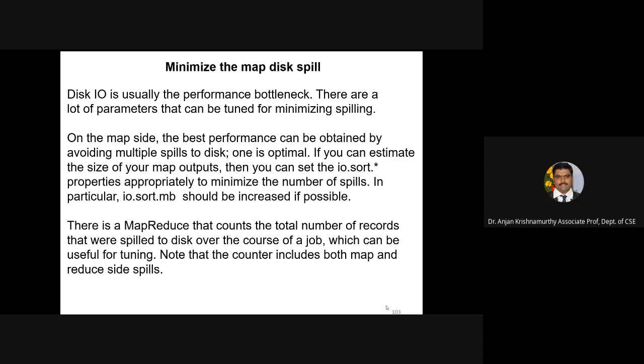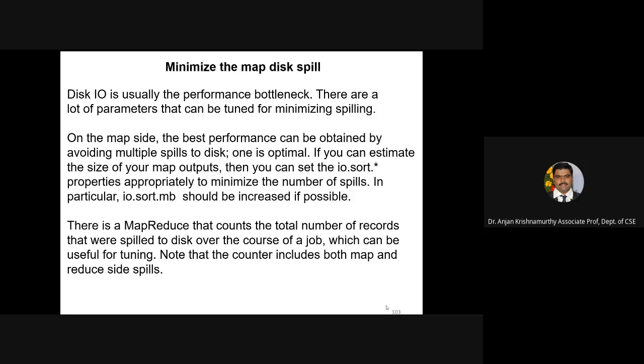Because of this, you can see that disk IO usually has performance bottlenecks. That is, the disk keeps writing, overwriting on the same set of tracks and sectors, and because of which you see heavy IO operations involved on the disk.